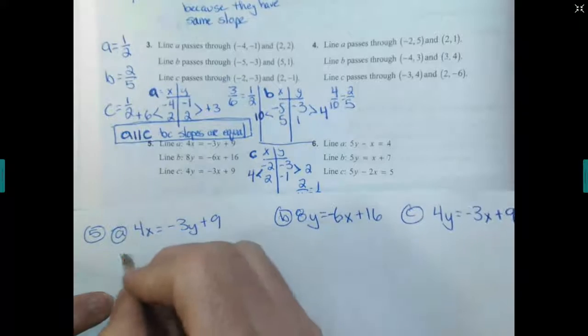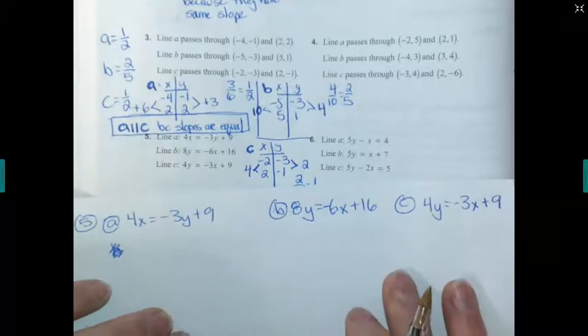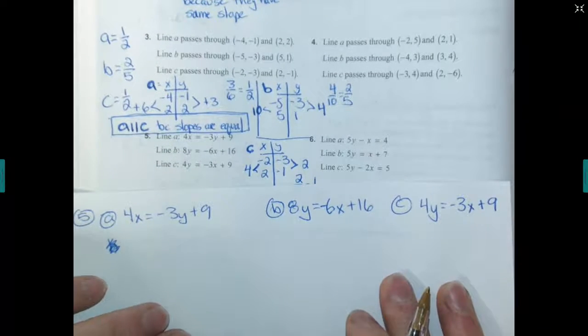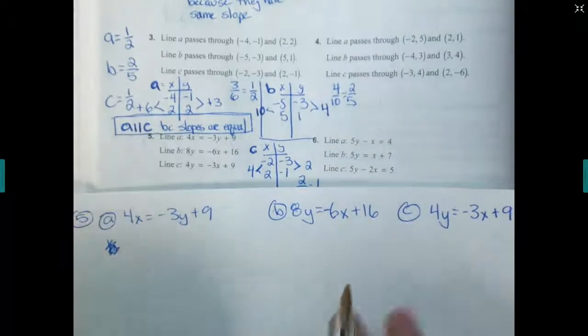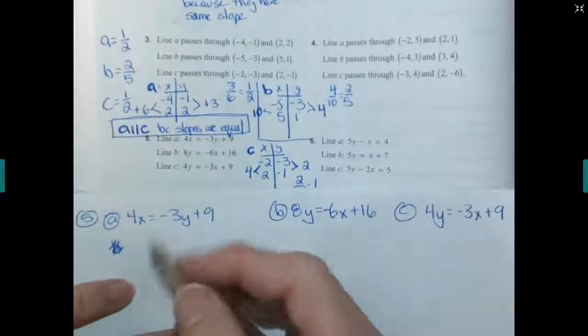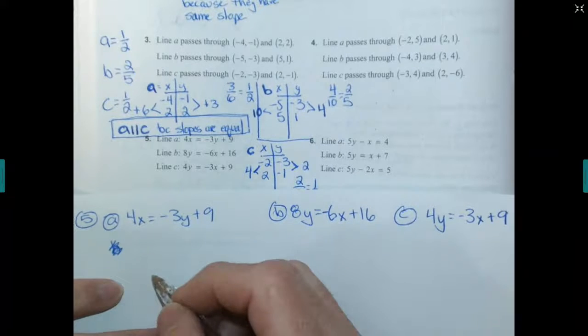So, what I want to do is find the slope of these to see if they're parallel. Now, none of them are written in slope-intercept form, so I'm going to move them to put them in slope-intercept form.